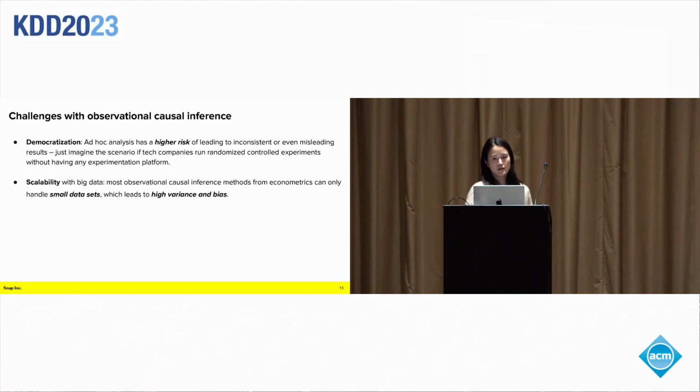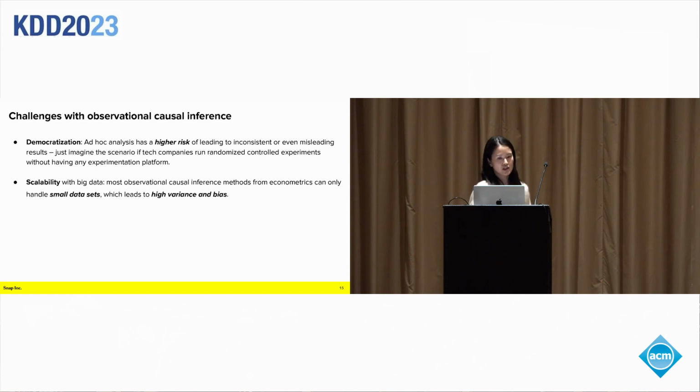First of all, although there are a lot of data science-friendly packages in R or Python available for observational causal inference analysis, ad hoc analysis usually has a higher risk of leading to inconsistent or even misleading results. Just imagine the scenario where tech companies run randomized controlled experiments without having any experimentation platform.